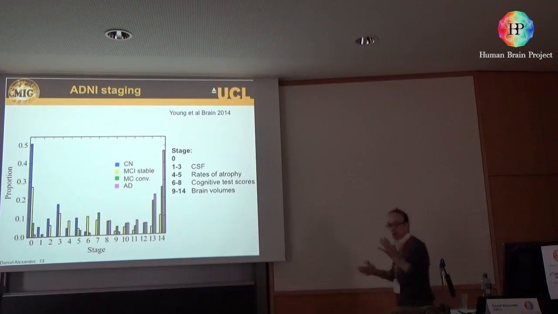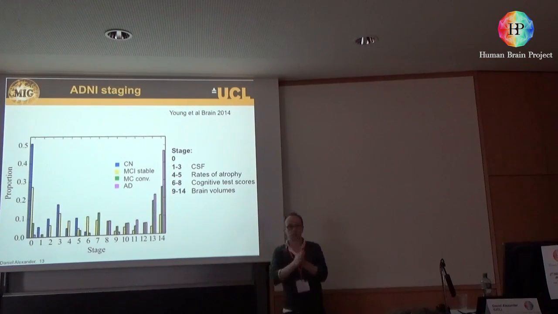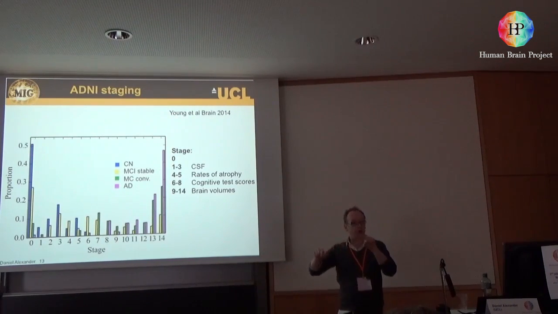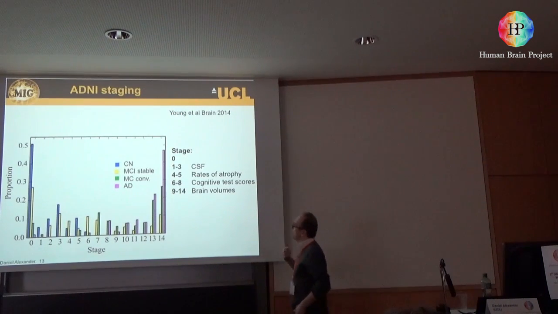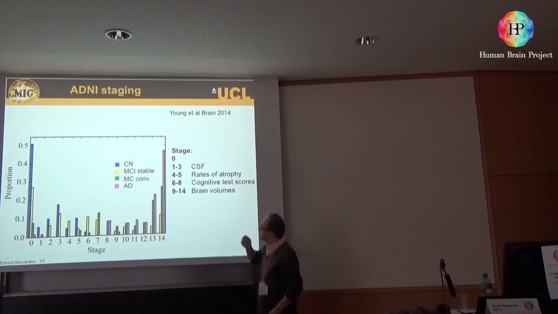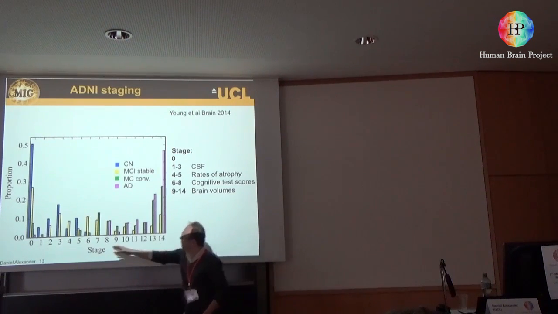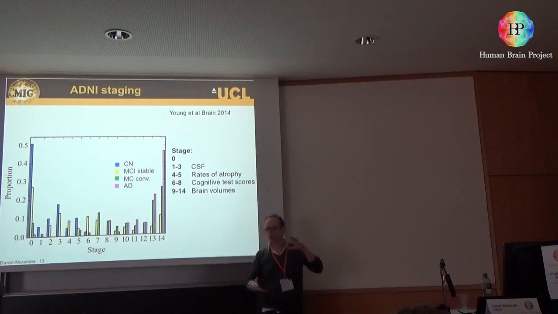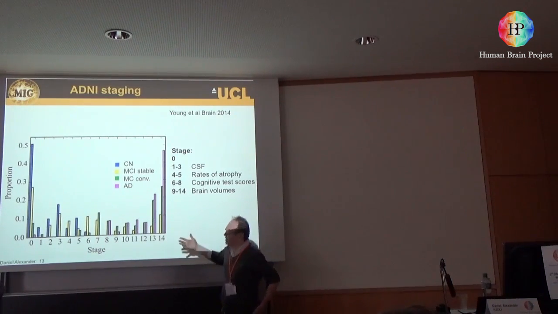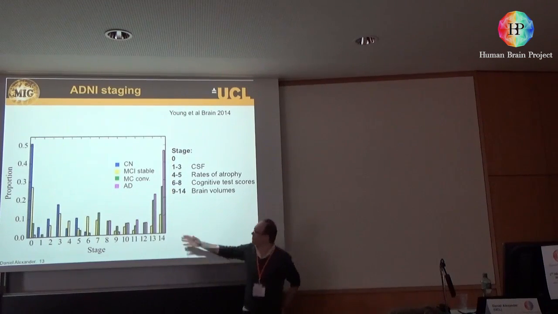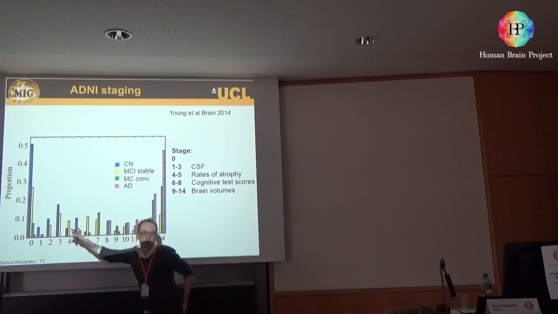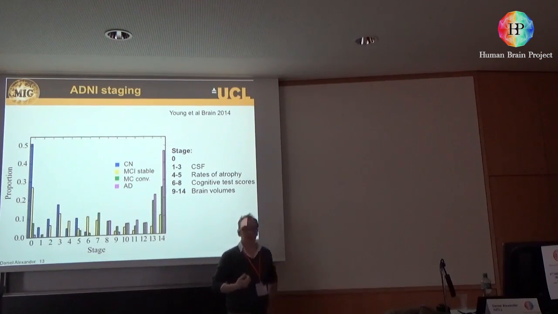Okay, so that model also provides a staging system. We can classify new patients at any of the stages defined by that ordering. And a nice validation of that is that we get 15 different stages because there are 14 biomarkers. And so a nice validation that this model is doing something sensible is that it pushes all the AD subjects to the late stages and all the cognitively normal, or most of them at least, to the early stages.